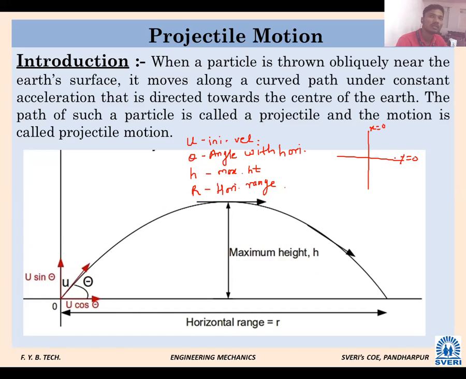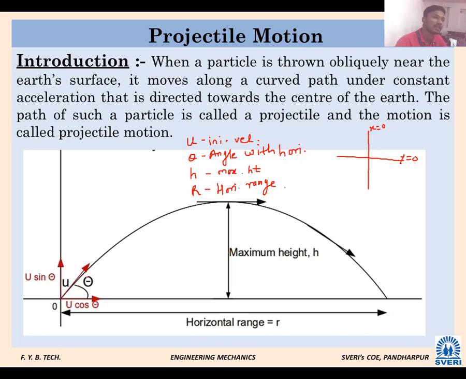Why is it so? Because the y coordinate of every point on the x axis is 0. Simple. That's why this is.